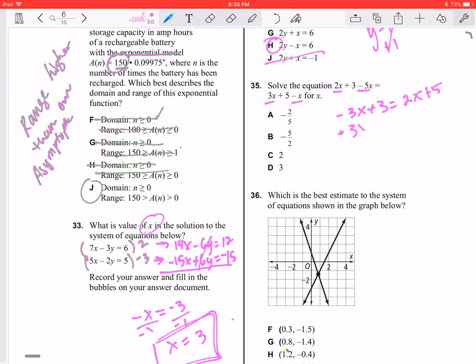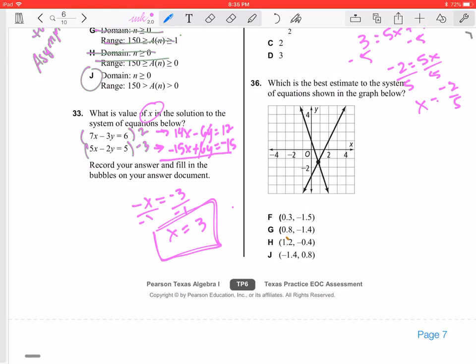I'm going to move plus 3x here, plus 3x here. It's going to be 3 is equal to 5x plus 5. Subtract 5, subtract 5. This is going to give me negative 2 is equal to 5x. Divide by 5, divide by 5. So x is equal to negative 2/5. My answer is A.